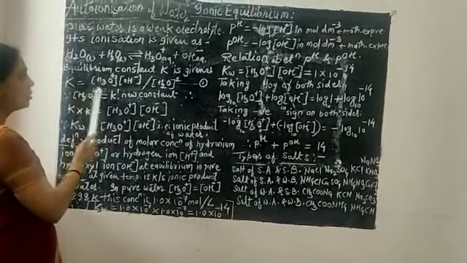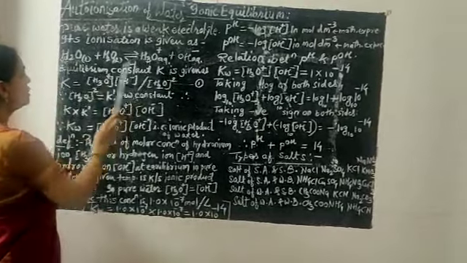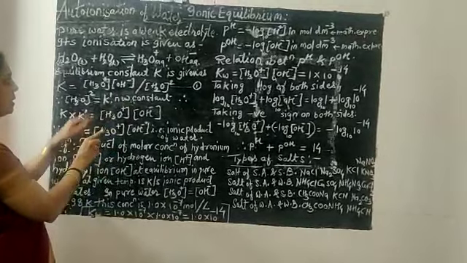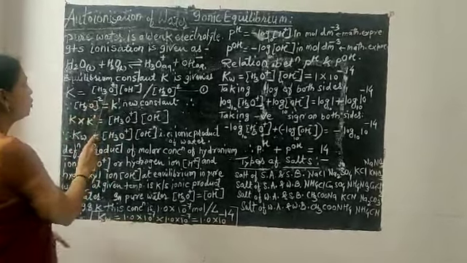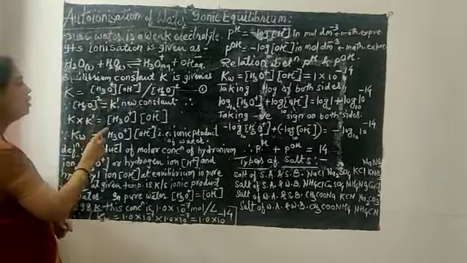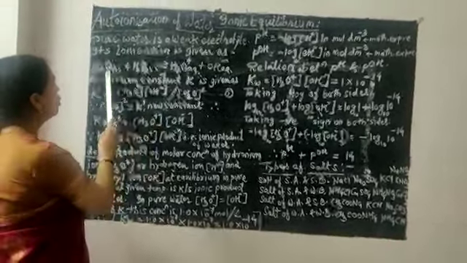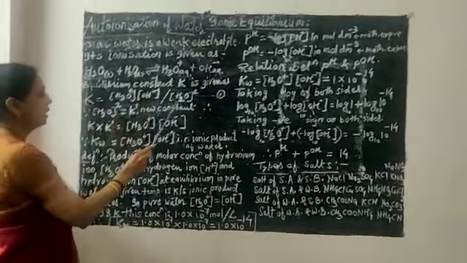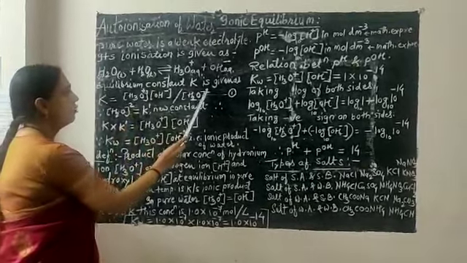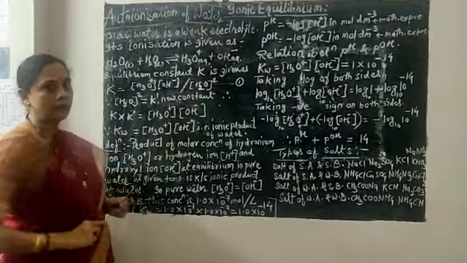Now the equilibrium constant I have written here: concentration of H3O+ ions into concentration of OH− ions divided by concentration of water, and since two molecules are present, here I have written square.